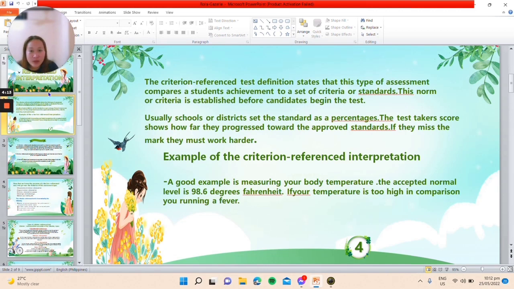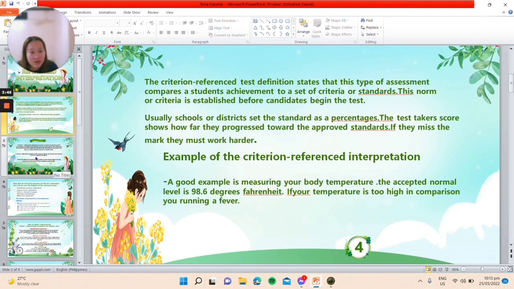This norm or criteria is established before candidates begin the test. Usually schools or districts set the standard as a percentage. The test score shows how far they progress toward the approved standards. If they miss the mark, they must work harder.